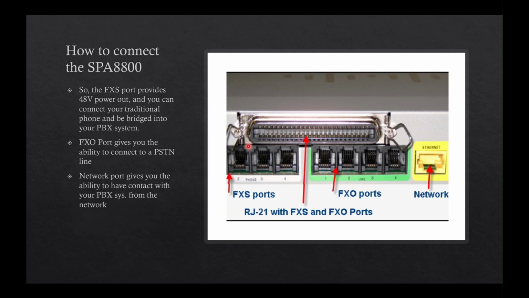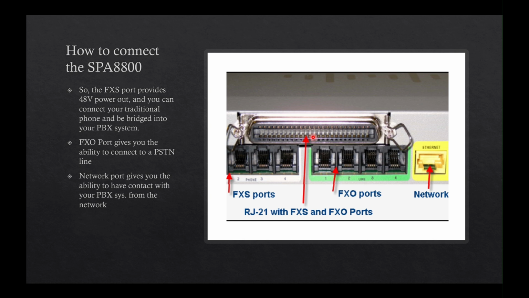So this is how to connect the Cisco SPA8800. The FXS port provides 48 volt power out, I think. You can connect your traditional phones and bridge them to a PBX system, so you can convert your traditional phone, not to a digital phone, but bridge it for use with the PBX system.